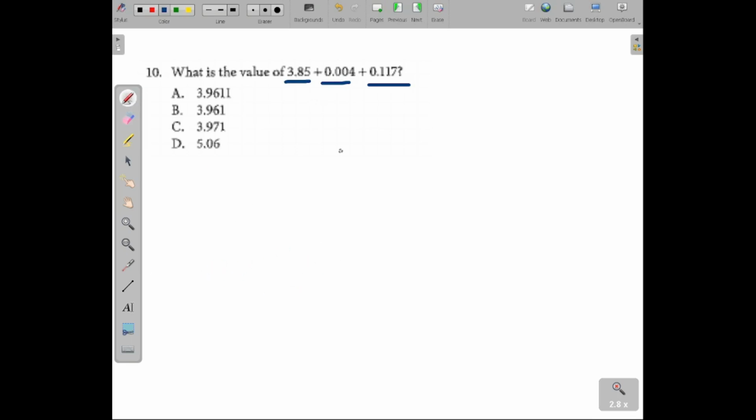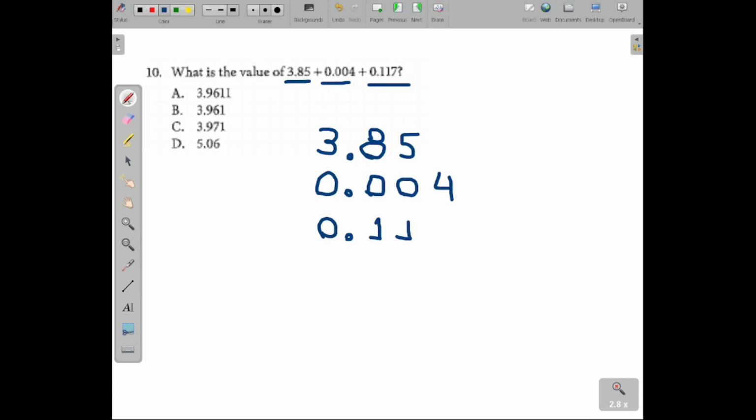So we have a sum of decimals, and first we have to place them in the right order. 3.85 plus 0.004, and finally 0.117 in columns.